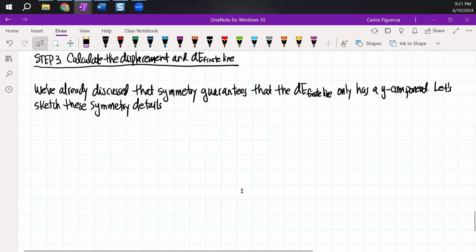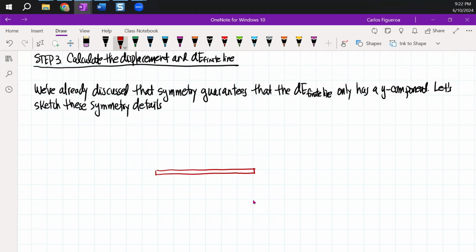I have a line charge, and of course, I'm going to pick this to be symmetric. So I imagine that at this point right here, this is my point P, and it's going to be at the center of the line.